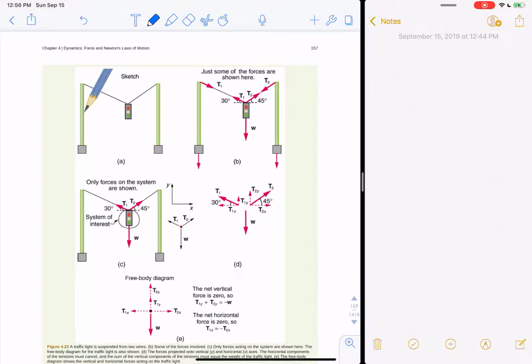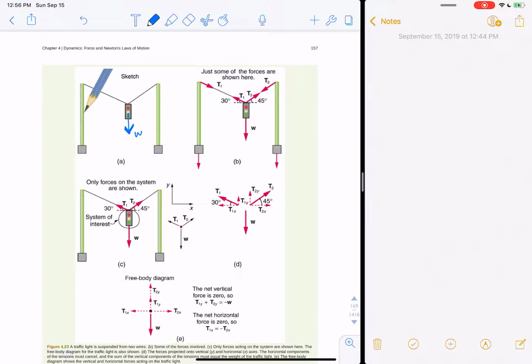So let's say you've got a traffic light and it's hanging a little wonky here, and they want to know what's the tension in the cable. How much stress is that cable under? Well, the amount of stress in that cable depends solely on the weight of your traffic light. The weight of your traffic light is going to determine the tension in those cables.